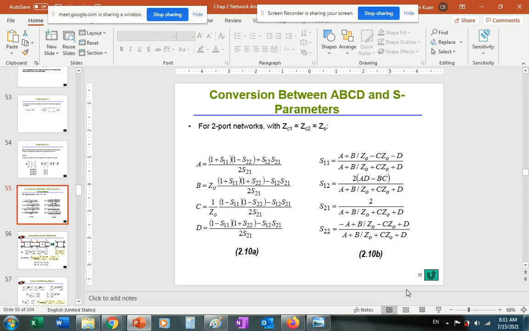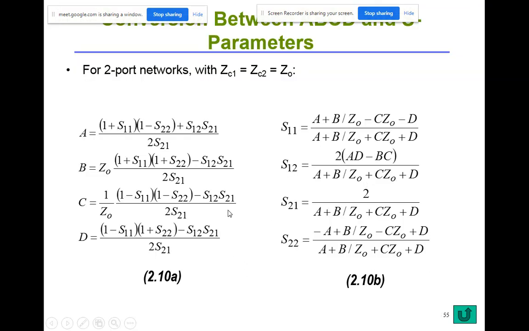Of course, the easiest way is to convert. After you have done characterization using the S parameter method, you can find the values of S11, S22, and so on. You can convert the S parameters to ABCD parameters.